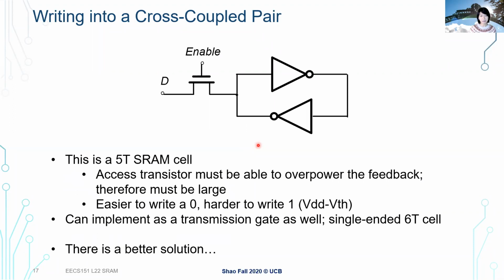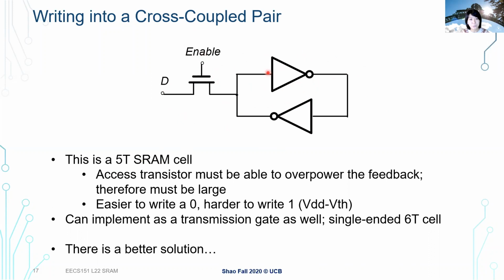The 4 transistors we already talked about form the inverter pair that stores the data. Now we need another access transistor, this transistor here, so that we can access the stored value. So in this case, this is a 5T SRAM cell. We'll talk about where the other T comes from later.